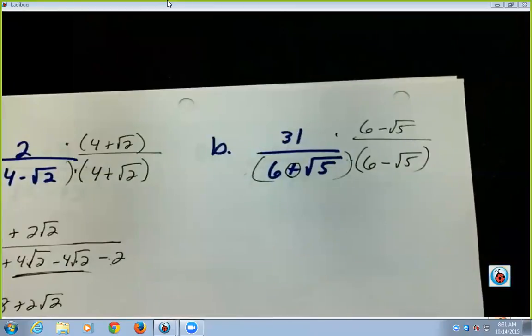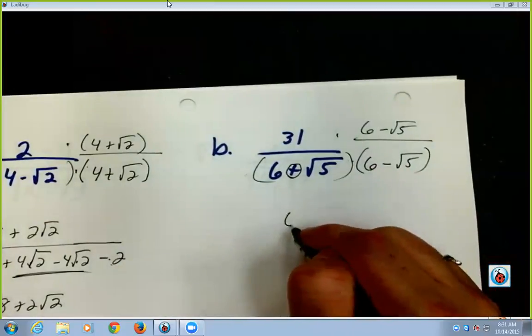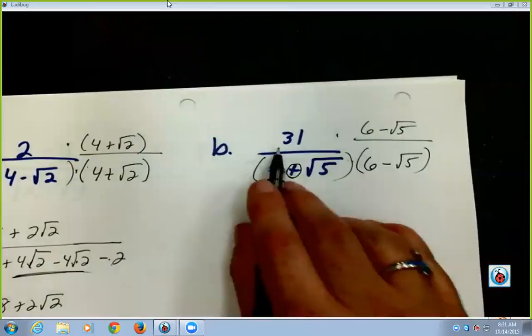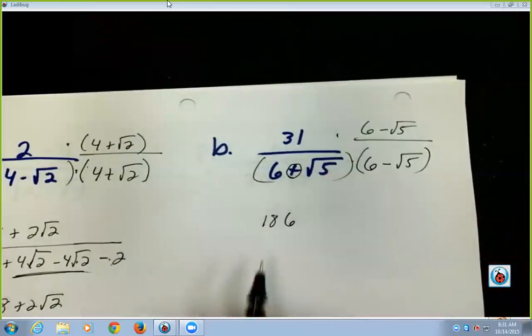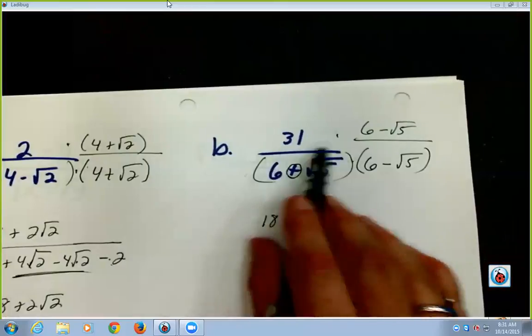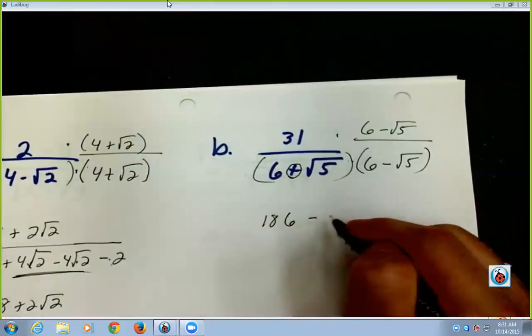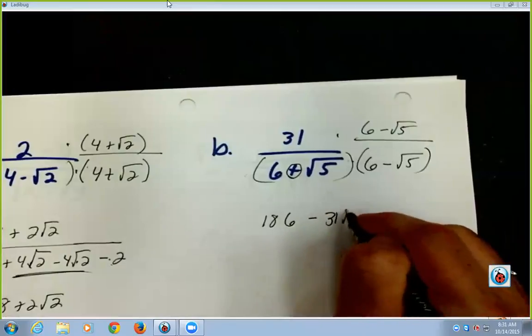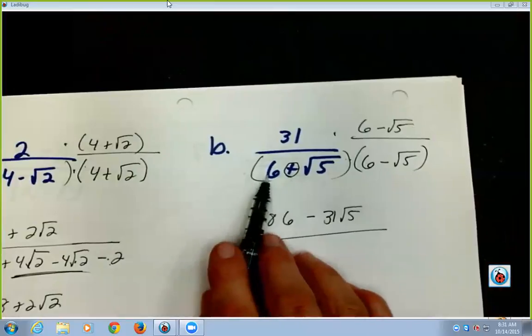So then what happens? Then I've got to take 31 times 6. 6 times 1 is 6. 6 times 3 is 18. 186. 31 times a negative square root of 5. Negative 31 square root of 5.